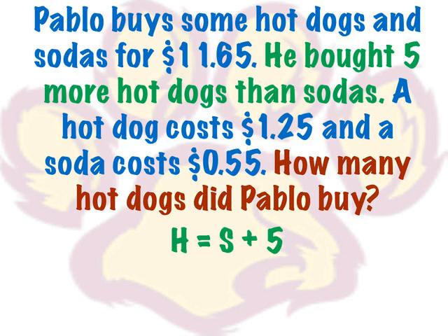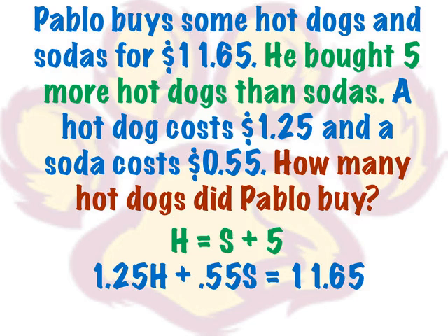Since a hot dog costs $1.25, to get his total amount, you multiply the number of hot dogs he bought times $1.25. We don't know how many hot dogs he bought. That's our variable of H. So we would have $1.25 H, and then we do the same thing with the soda: 55 cents S. And that's going to equal the total amount that he pays. So our equation will be $1.25 H plus 55 cents S equals $11.65.